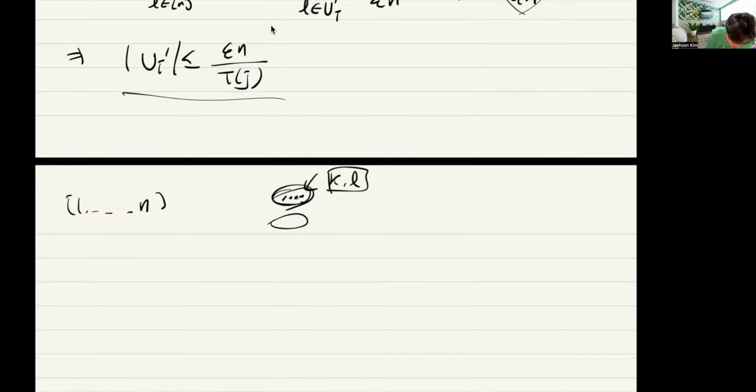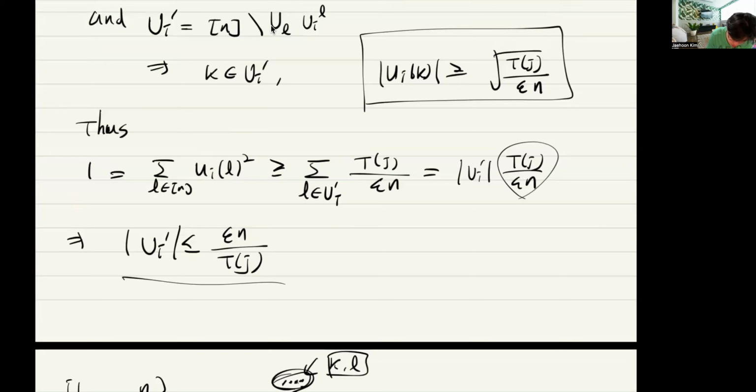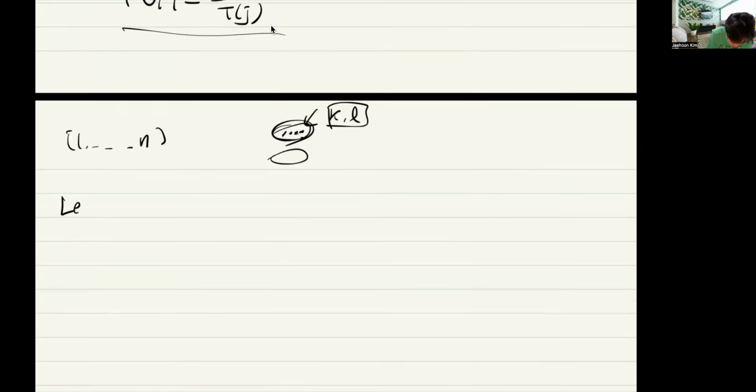So how do we do it? But we want to take special care of this u prime. So we let P0 be, you take all i, and you take the union of this u_i prime.